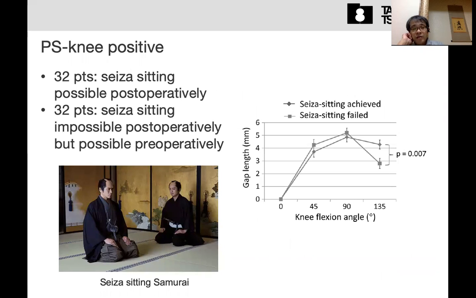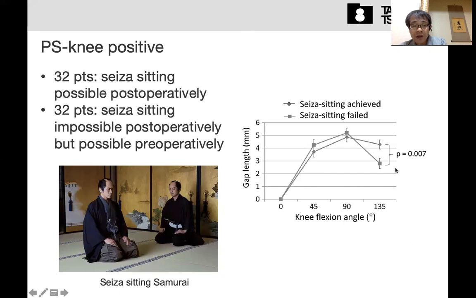But one study compared patients who could get to sitting after the TKA operation with those who could not, and they compared the intraoperative gap at individual angles.